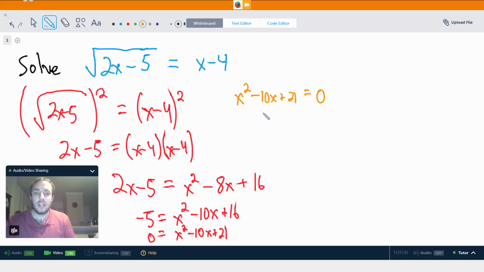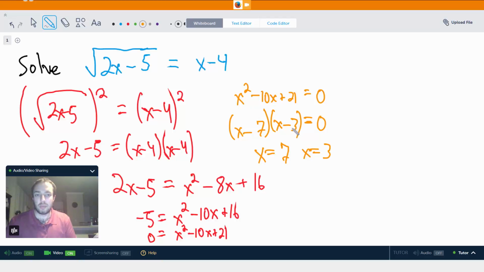So anyway, this is a good equation because it can be factored, right? So we can factor that into x minus 7 times x minus 3 equals 0. And then we end up with x equals 7 and x equals 3. Now, are we done? No, we're not. We have to be very, very careful when we solve this type of equation.